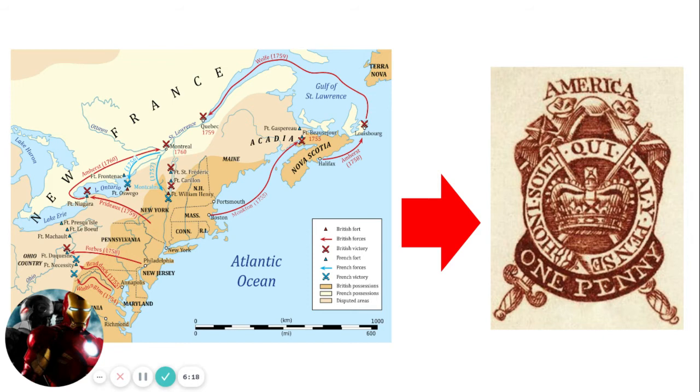This is the event that takes the American colonies from being highly profitable to debt. And it's this transition from profit to debt that leads to a major shift in the outlook and treatment of the colonies by England. One of the immediate effects was the passing of the Stamp Act.